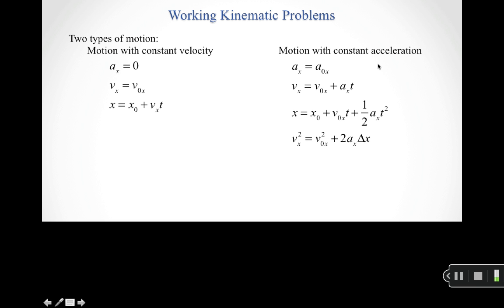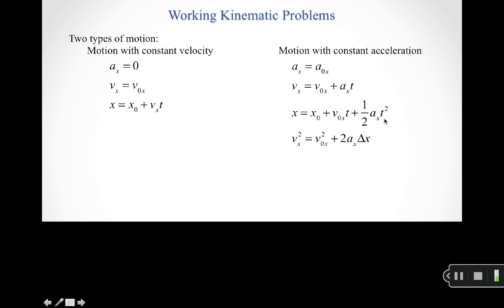Or I've got motion with constant acceleration. So here's a situation where now my acceleration has some constant value. This is just going to be some number. Right? And so my velocity is now time dependent.